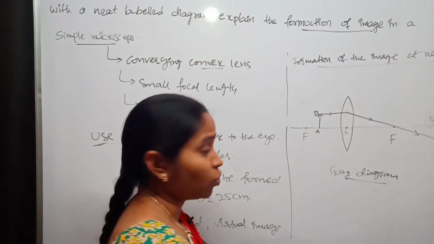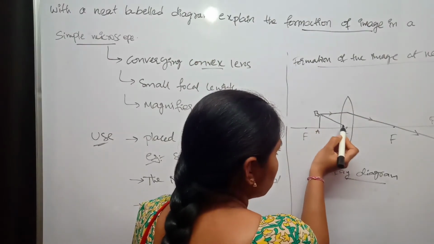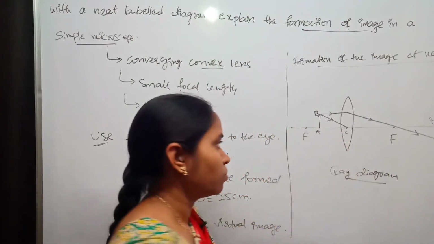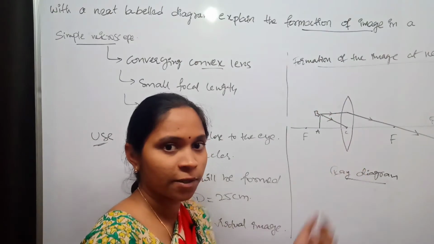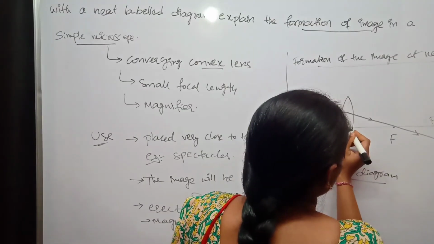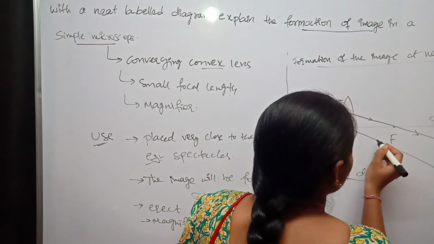I am taking one more ray which is passing through the optic center of this lens, and this ray will move in a straight line.